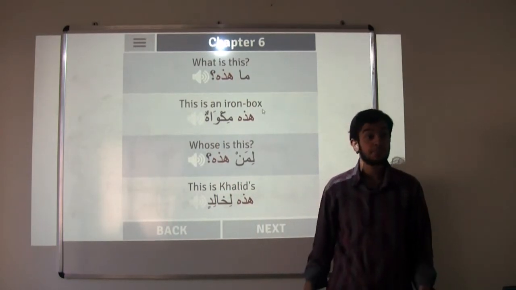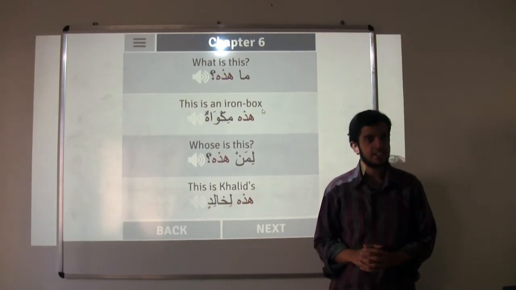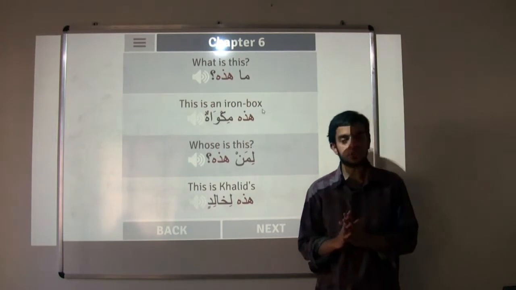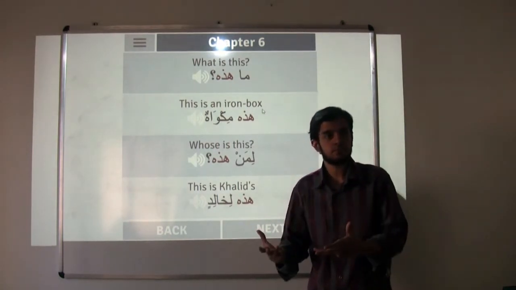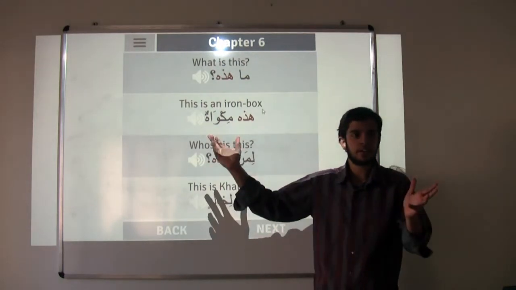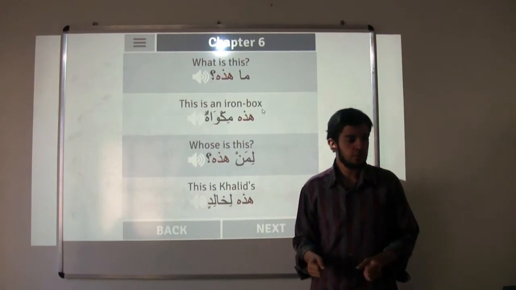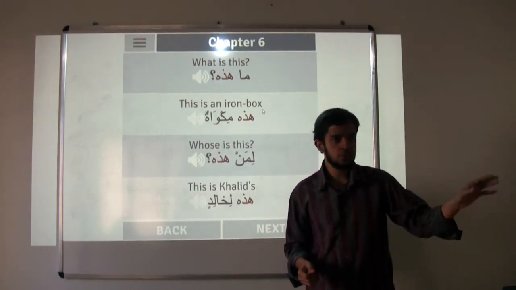This question arises when we are specific about a certain thing. If it is general, mahada, then it will not be hadihi, it will be hada. It refers to what the person is pointing at. You can't just randomly point into nowhere and say what is this, right? So if you're pointing at some masculine object, you say ma hada.